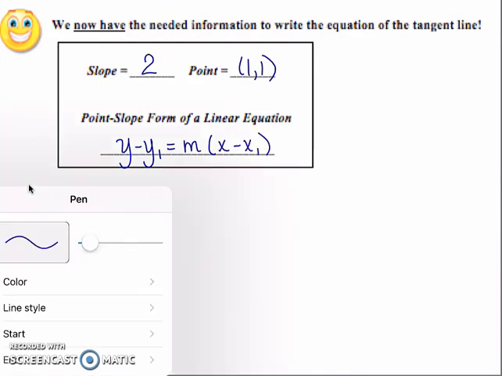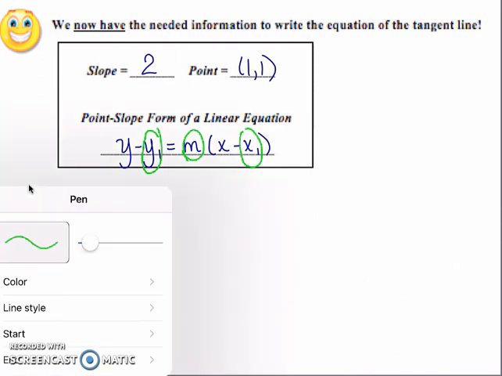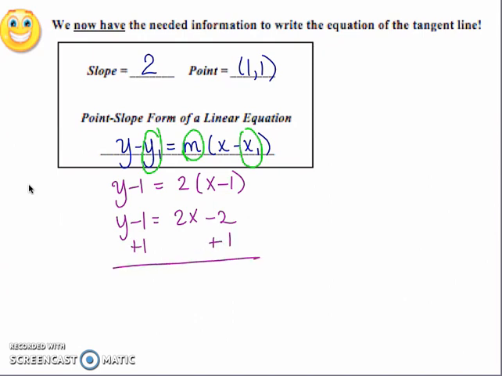And whenever we're working with this equation, we're always plugging in our point for y1 and x1, and we're always plugging in our slope for m. So now we can just go ahead and do some basic algebra 1 here. y minus 1 equals 2 times x minus 1. We distribute that 2, and then we add 1. So the equation of our tangent line is y equals 2x minus 1.